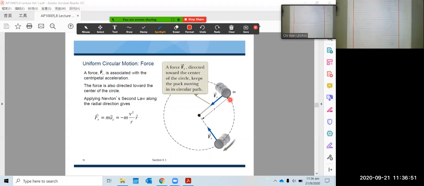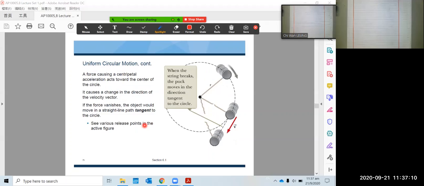When the object is making this circular motion, it has a centripetal acceleration, so there is a connection between the acceleration and the force. They are along the same direction, according to Newton's second law. So if the centripetal force is present, it can perform a circular motion successfully.